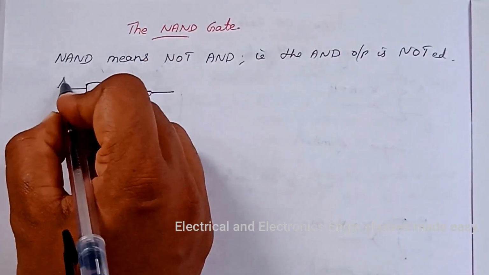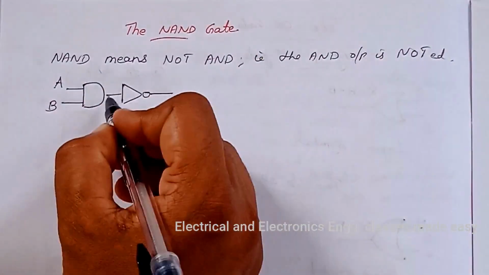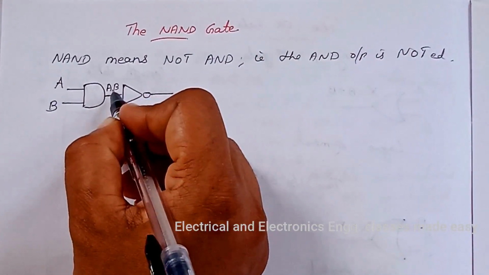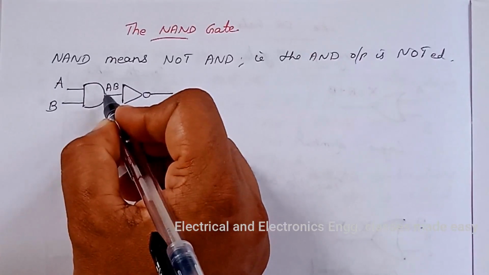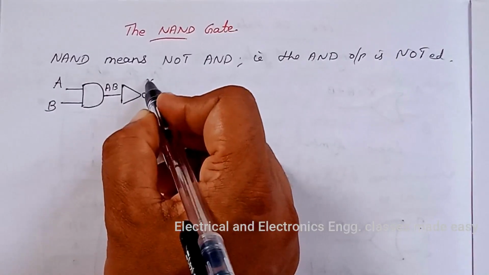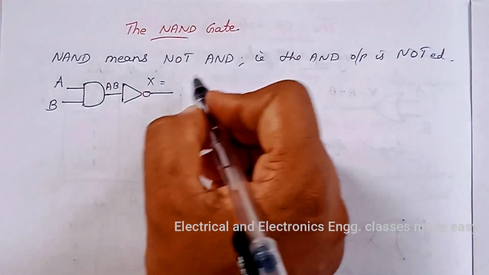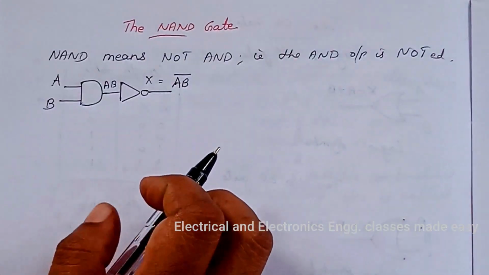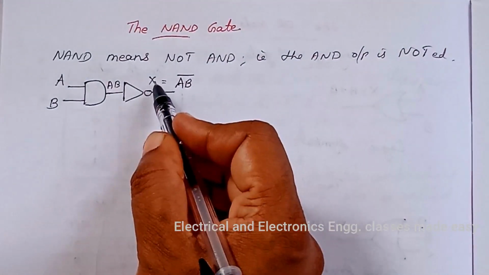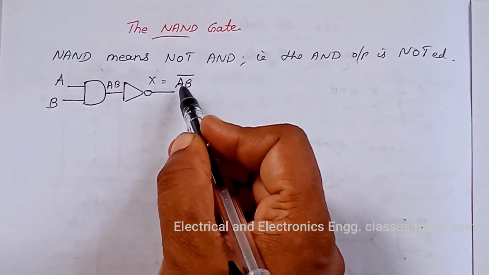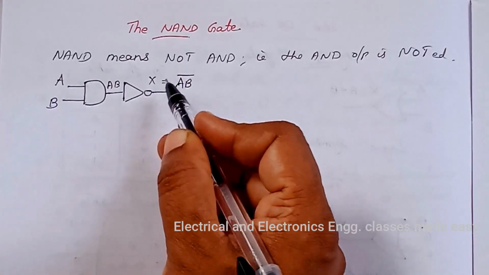The inputs are A, B, then the output of the AND gate is A dot B, or A and B. Then the output here is X is equal to A B whole bar. It is read as X is equal to A B whole bar, or we can say A dot B whole bar.